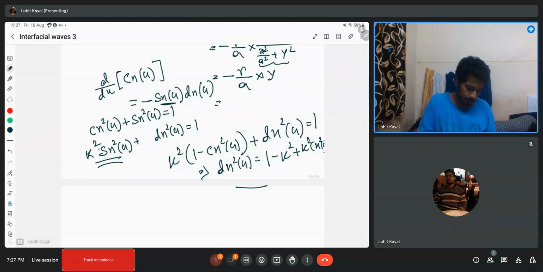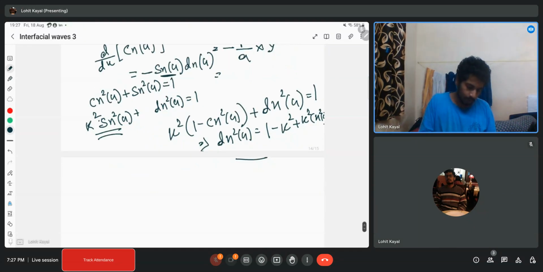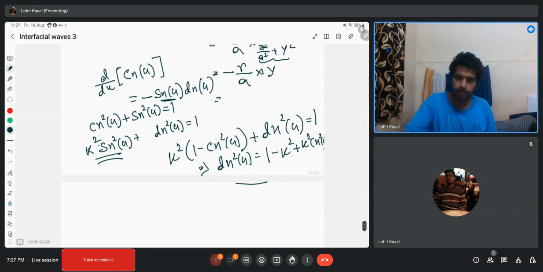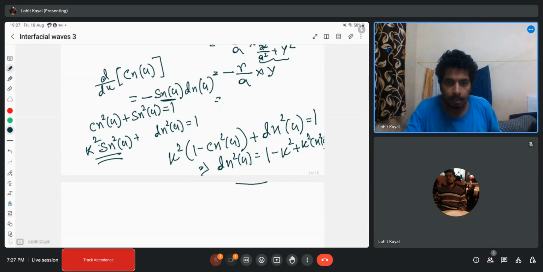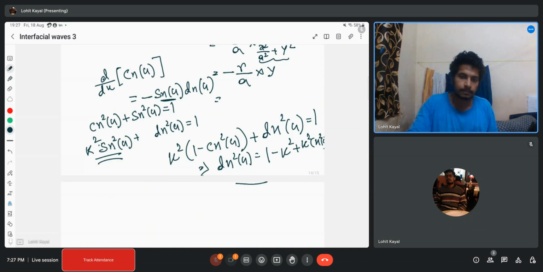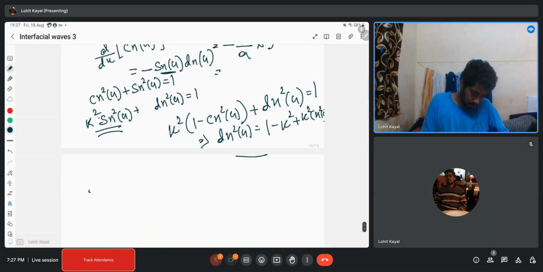Let's use that. What I am saying is, instead of substituting sn and cn in terms of cn, you can directly differentiate it, and I think that will be much easier. So if you just do that, it will be d square/du square of cn of u.